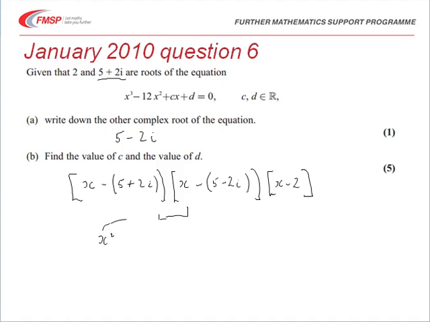So the imaginary part of that will cancel out, leaving you with just minus 10x. And finally the two complex numbers multiplied together give you 5 squared and then minus 2i all squared. So that then gives you a total of 5 squared plus 2 squared, or 29.